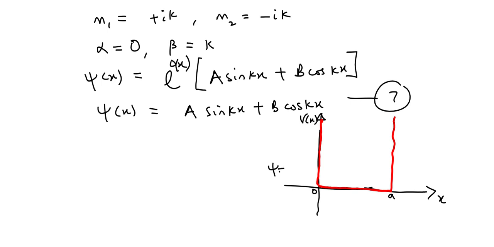It means that the wave function is what? 0. So this is a boundary value problem. What happens at this boundary, inside the box and outside the box, must be the same. Since outside the box the wave function is 0, it means at this boundary inside the box the wave function must also be 0. The same thing with this point. So ψ at a must be 0 and ψ at 0 must be 0.